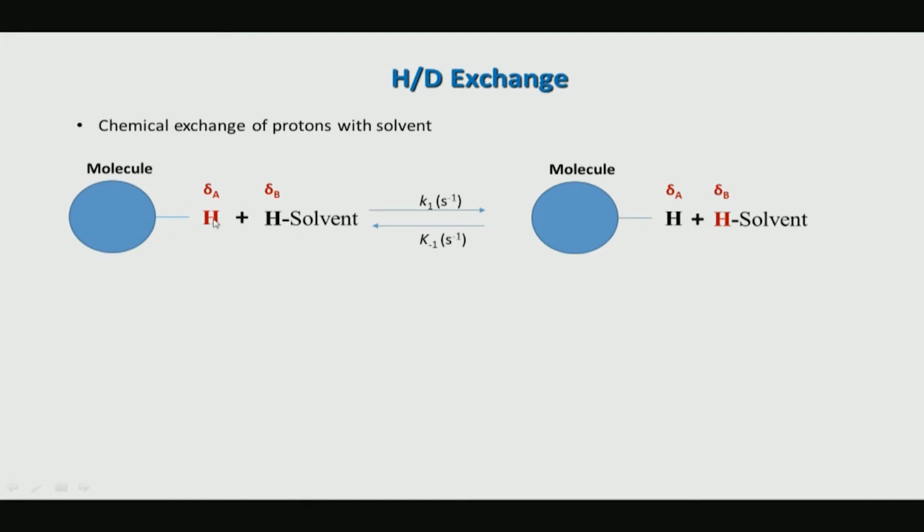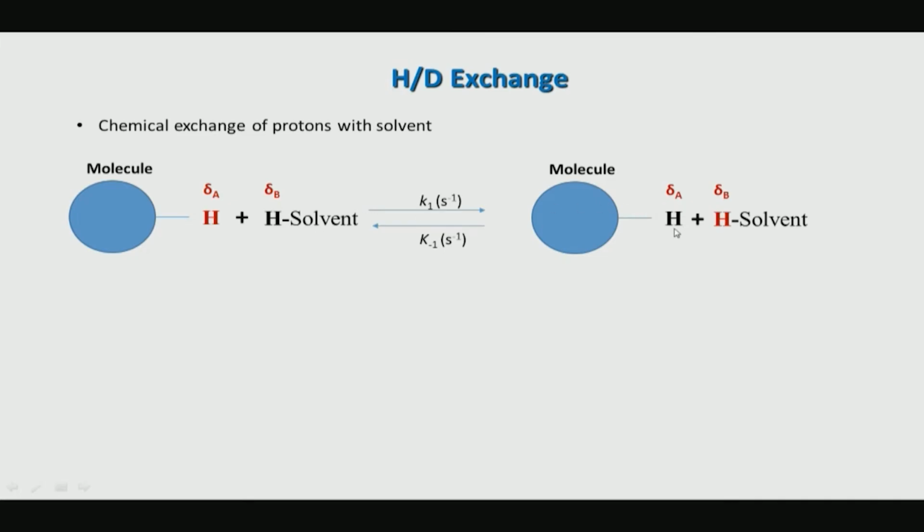And what are those hydrogens? Typically it is the backbone amide hydrogens we are going to look at. So, the backbone amide hydrogen, NH in CONH, is called a labile hydrogen because it is exchangeable with the hydrogen of the solvent, and this exchange is a reversible process. It goes and exchanges with the solvent.